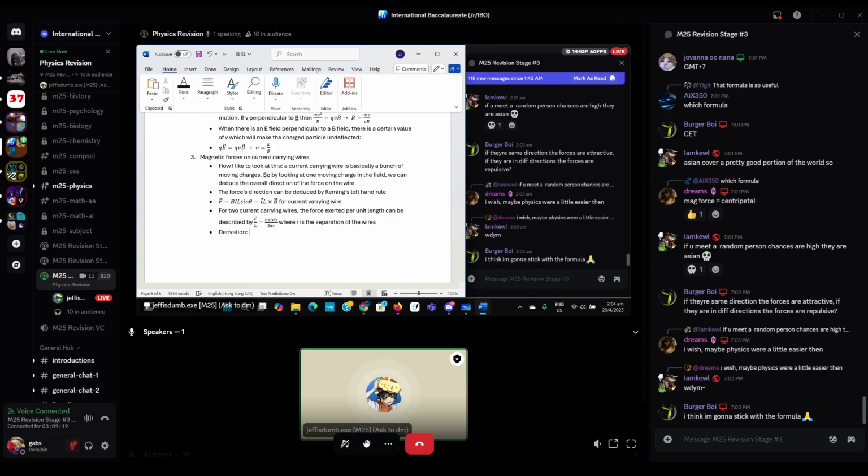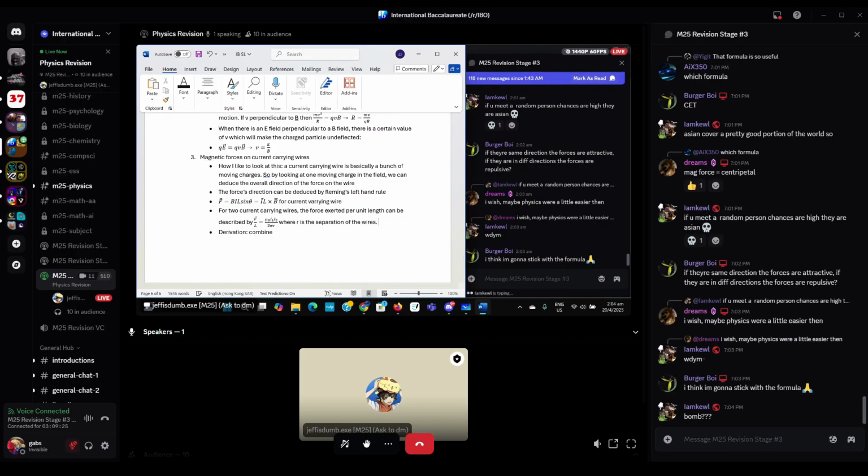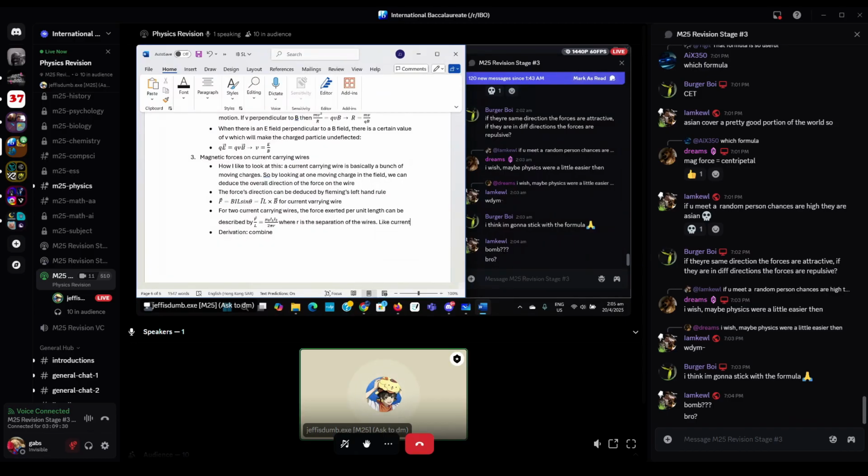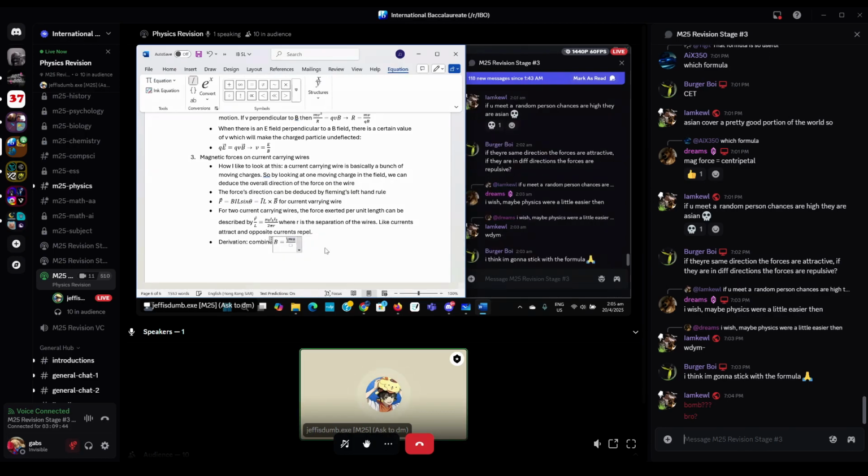Like currents attract and opposite currents repel. The derivation is just to combine the equation B equals mu naught I over 2 pi r with the force equation.